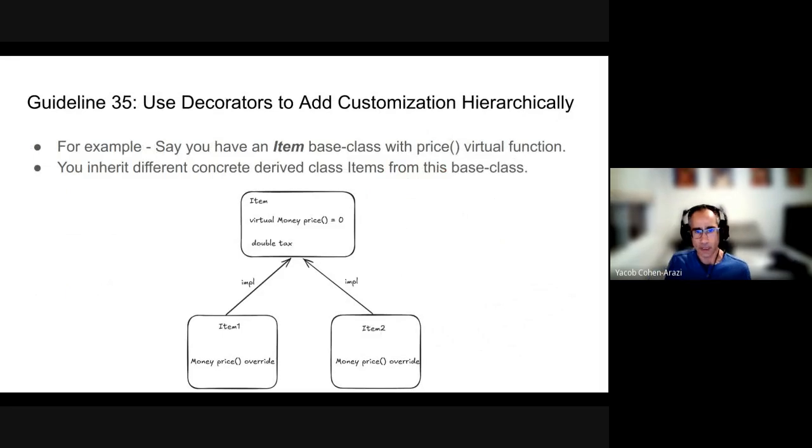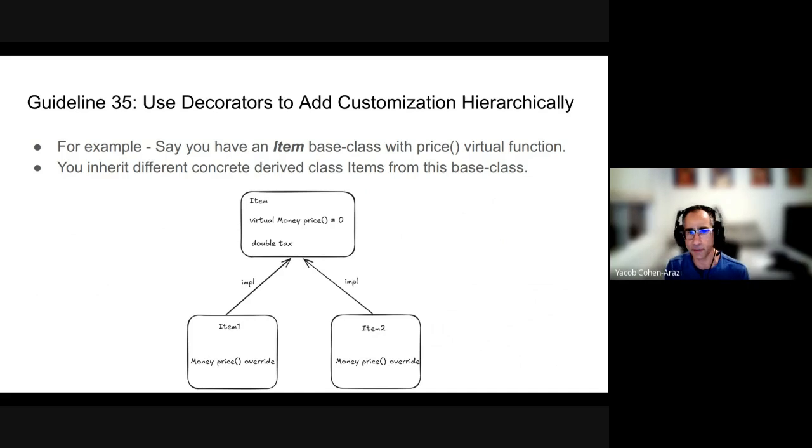Okay, so one of the guidelines is use decorator to add customization to a hierarchy. Again, this whole thing is inspired by that book. It starts with a design problem. I have this structure: there is a system, there is an item, and it has a price.